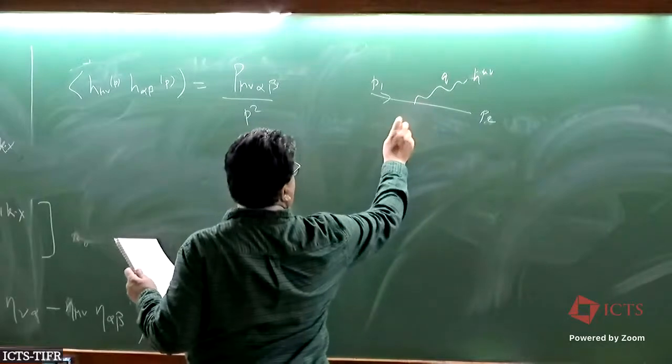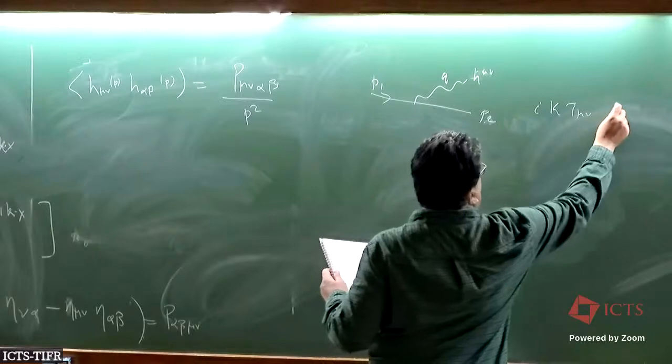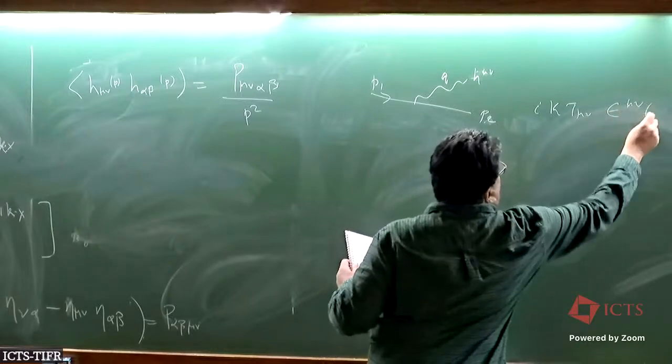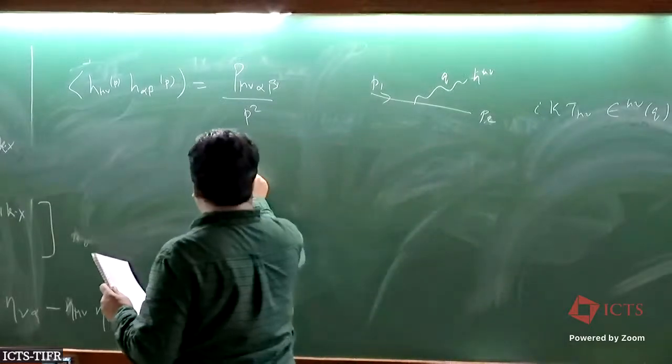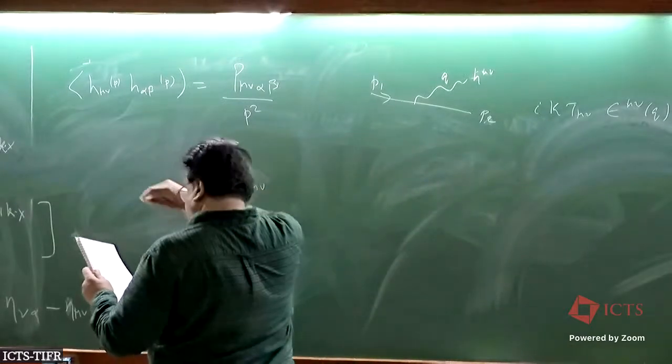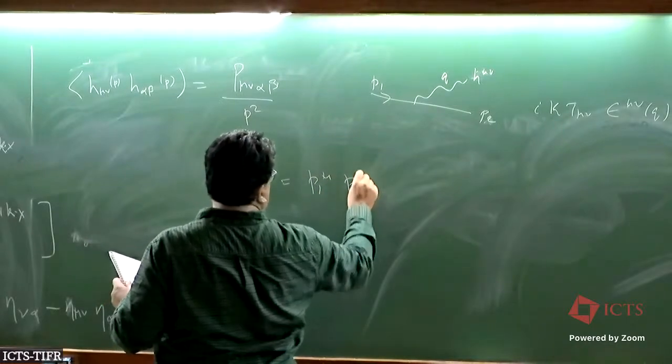Okay. So then this is i kappa T mu nu, epsilon mu nu of Q. So the T mu nu is P1 mu, P2 nu.